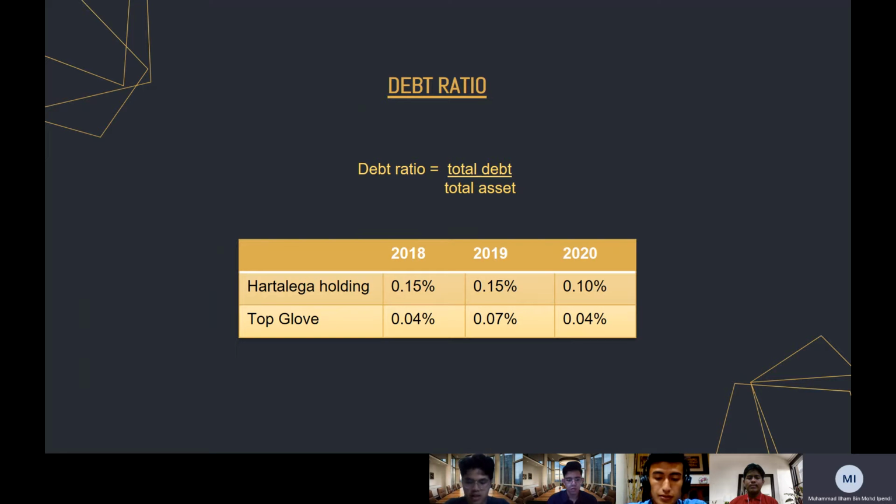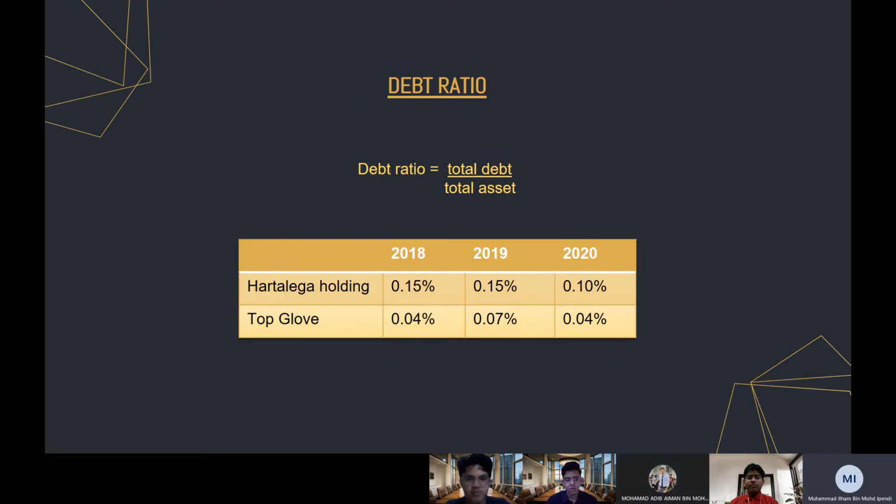We can conclude here that, based on the calculation, the company was a conservative company, as its debt ratio was below 50%, and the business only used a small amount of debt to fuel its funding.